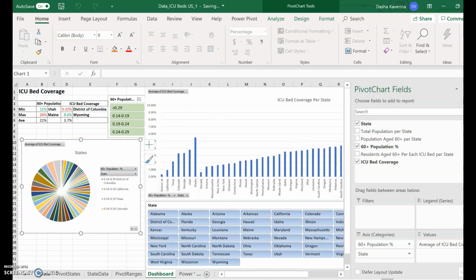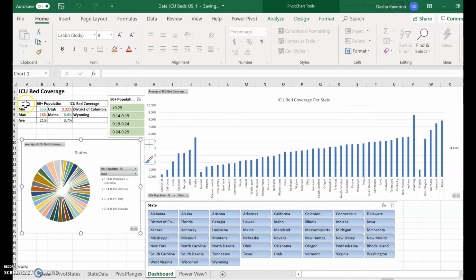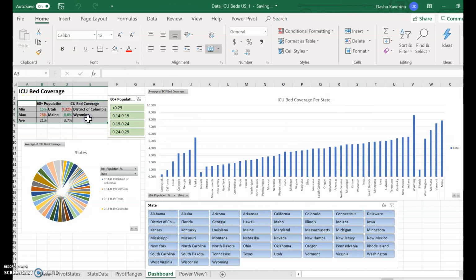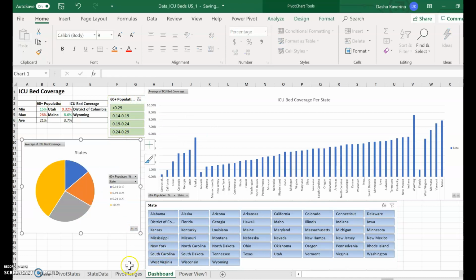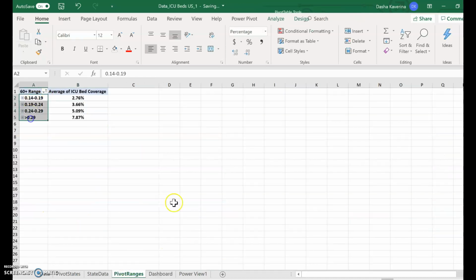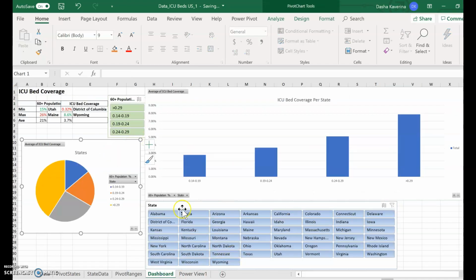So here I have just a snapshot of the upper and lower limits and the averages, just again to, when looking at the different states and comparing them, know where they might be standing among all 50 states. I created a slicer of the ranges. If I collapse this chart, these are my 4 ranges for the population over 60.